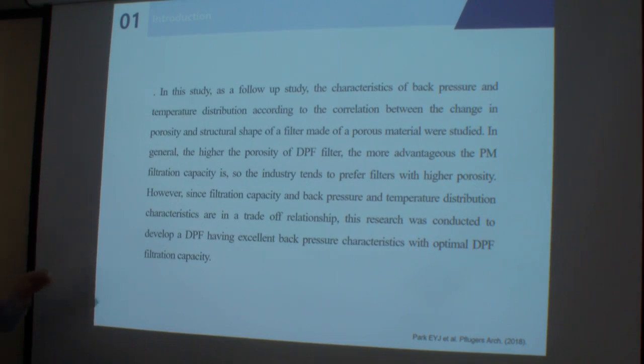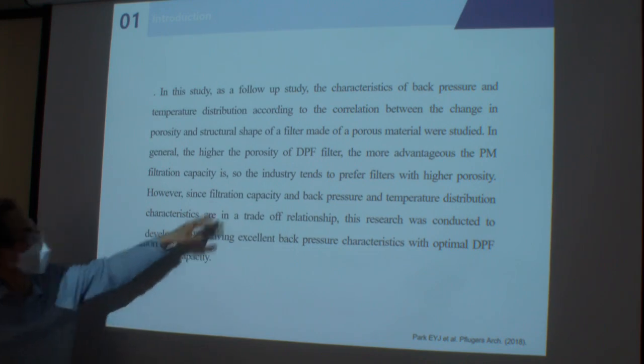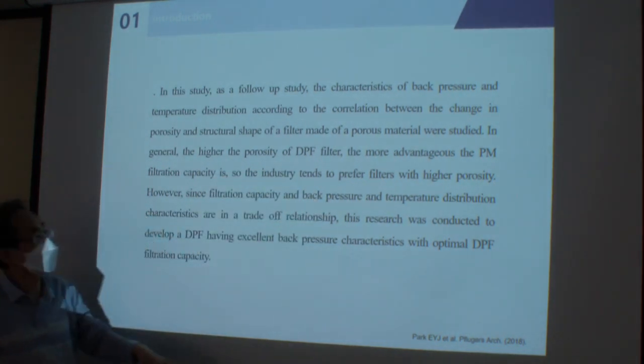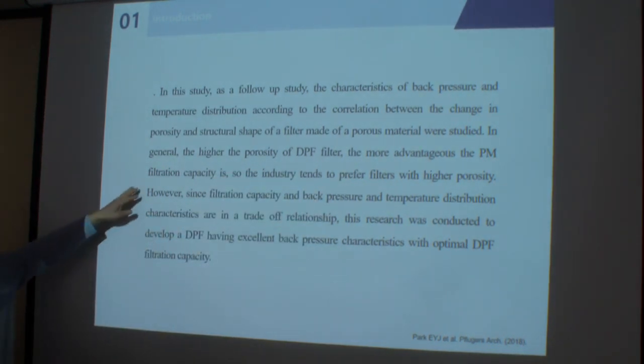In addition to this, this study is a follow-up study on the characteristics of back pressure and the temperature distribution according to the correlation between the change in porosity and structure shape of filters made of porous material. In general, the higher the porosity of DPF filter, the more advantages in PM filtration capacity.